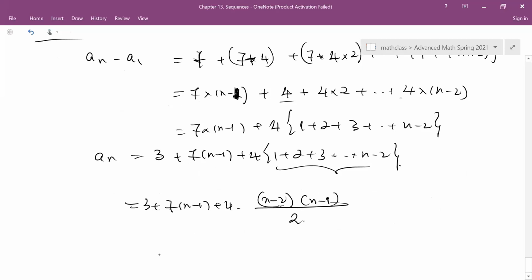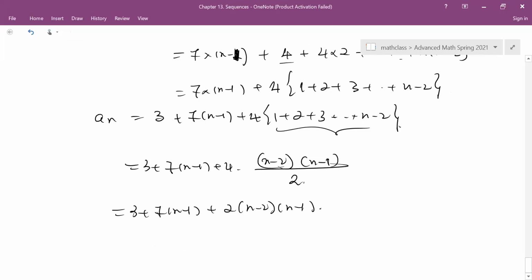It's 3 plus 7(n minus 1) plus 2(n minus 2)(n minus 1). Okay, and that's it. You double check whether this is the formula. You can look at A1, 2, 3, A4.